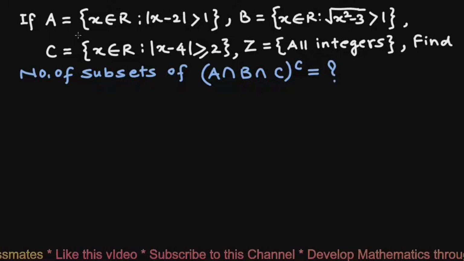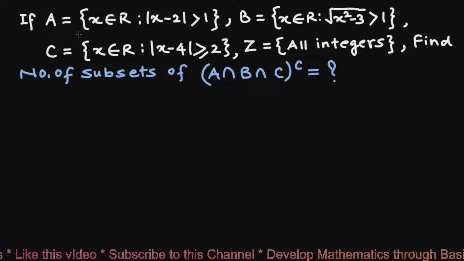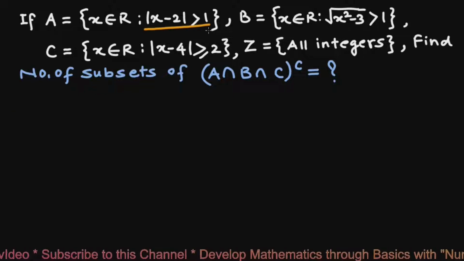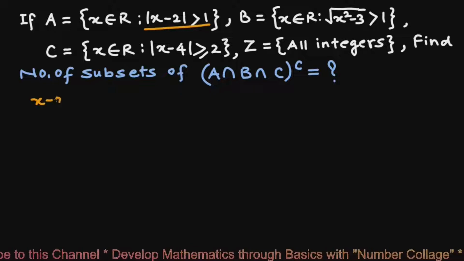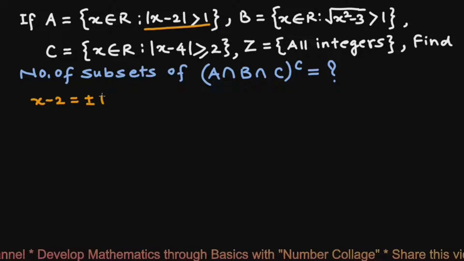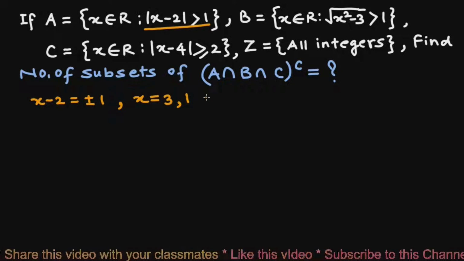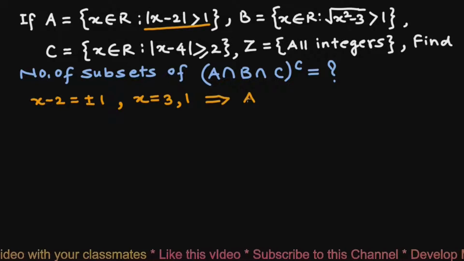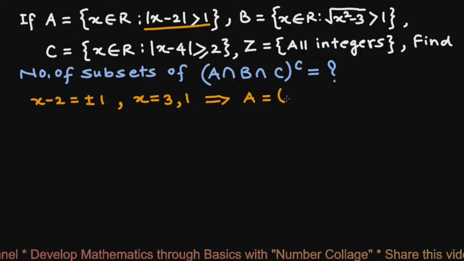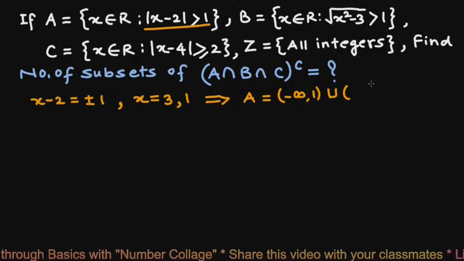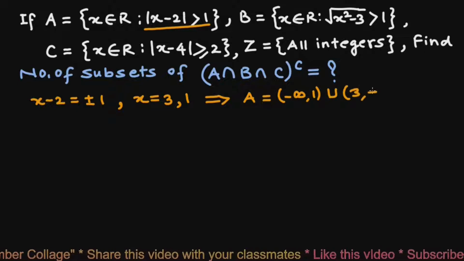We will find the elements of the sets A, B and C. So first, mod x minus 2 greater than 1: x minus 2 equals plus minus 1, that gives x equals 3 and 1. So which implies set A equals open interval minus infinity to 1 union open interval 3 to plus infinity.